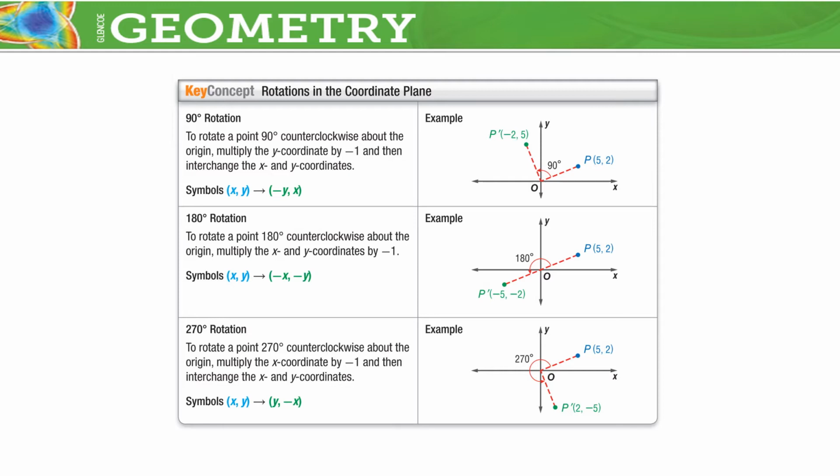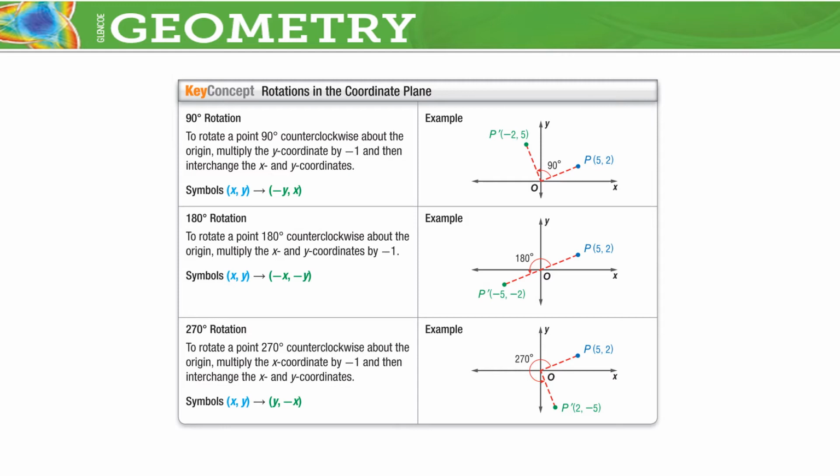Rotation by 270 degrees, same direction, counterclockwise about the origin point. Here, your point x, y, your image will be y, negative x. How? This means multiply the x coordinate by negative 1, then interchange the x and y coordinates.